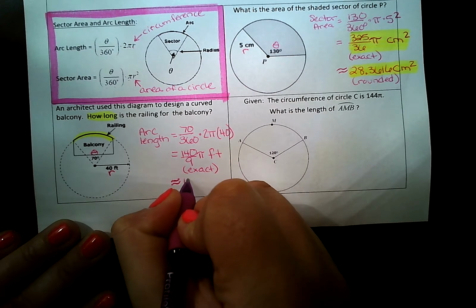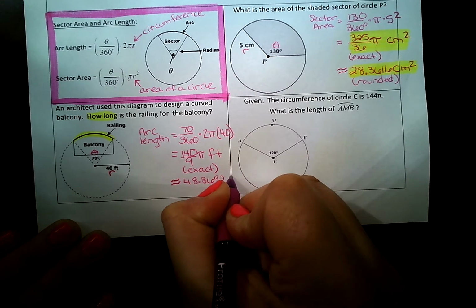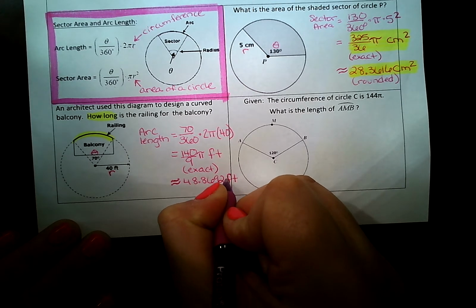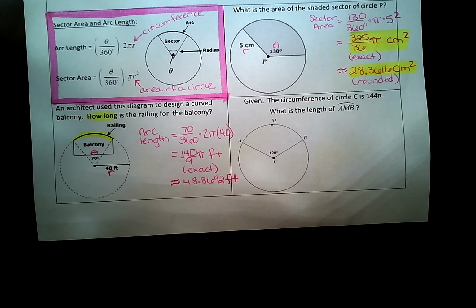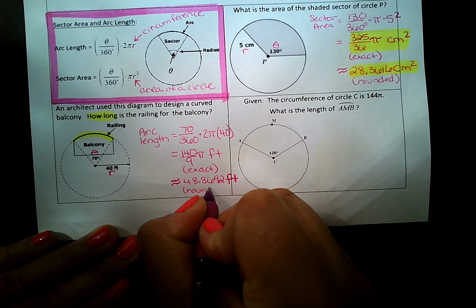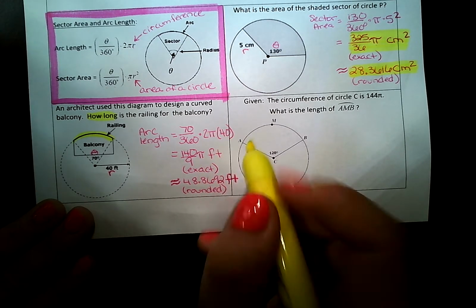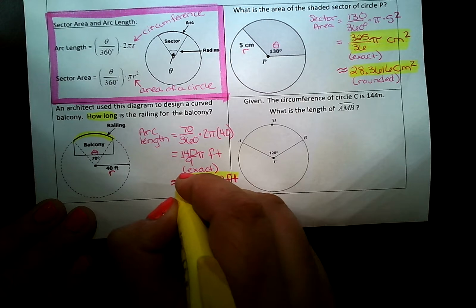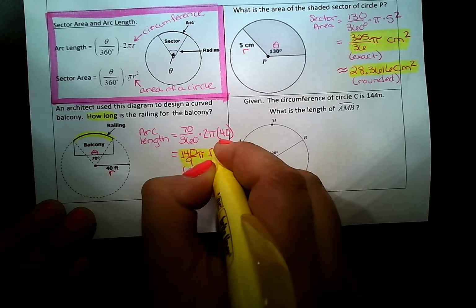And I get 48.8692 feet, not feet squared, just feet, because we're talking about the length of the railing. This is my rounded value. And again, if I was answering this on the SOL, I'd really have to read carefully so I know which answer they wanted me to submit. Really pay attention to those details.